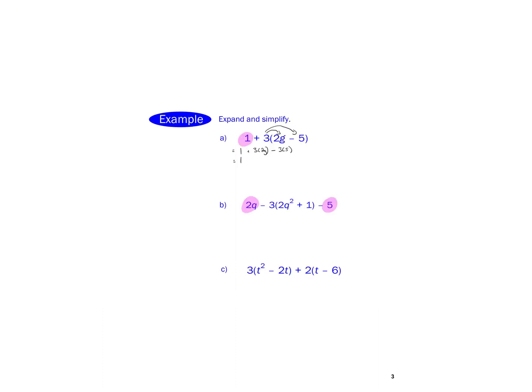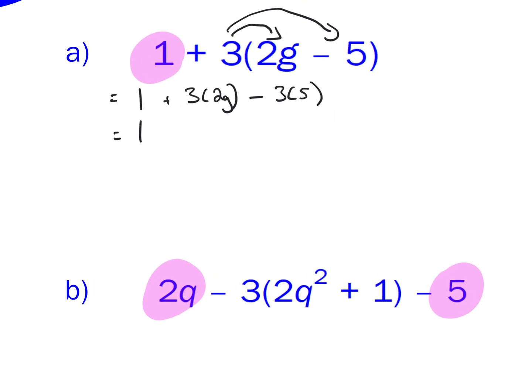Beautiful. Good work. And there's only one sign here, so it's straightforward. What's 3 times 5? Great. Now, what we should be thinking, though, now, we got a 1. We got a -15. We need to put them together.